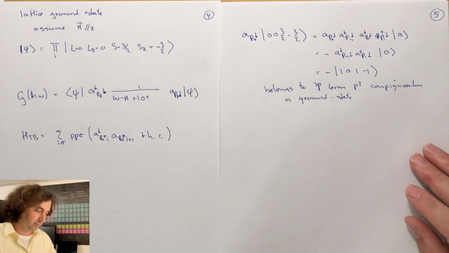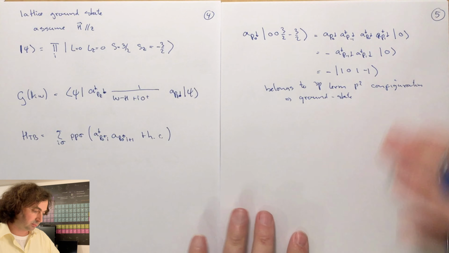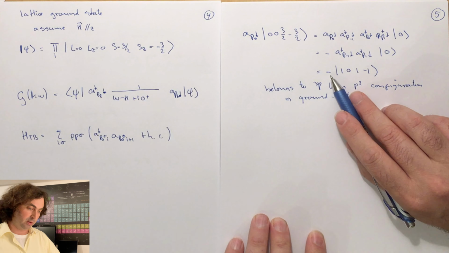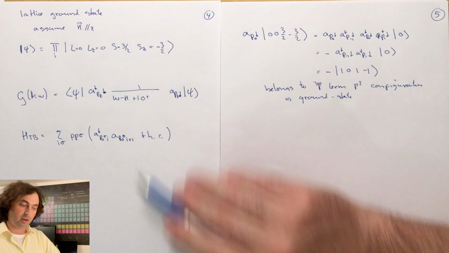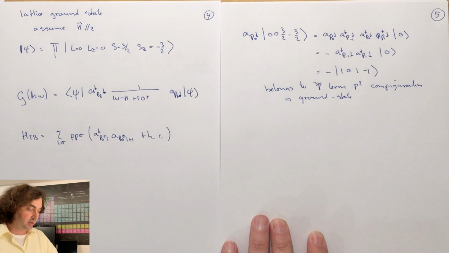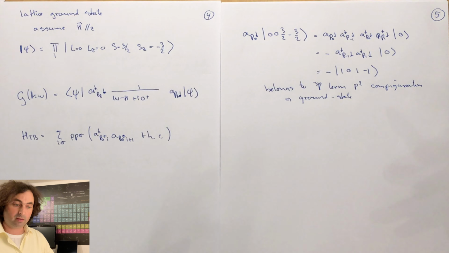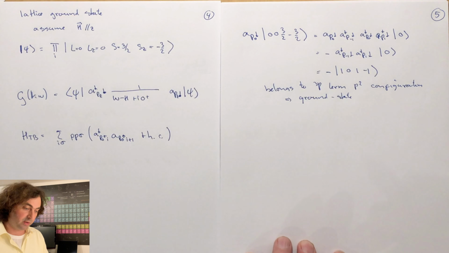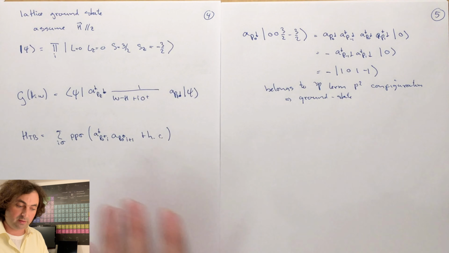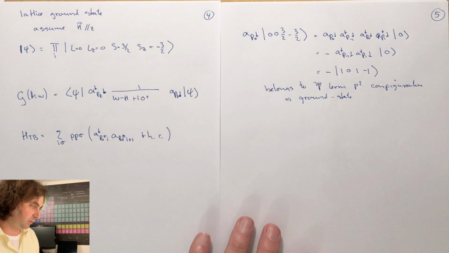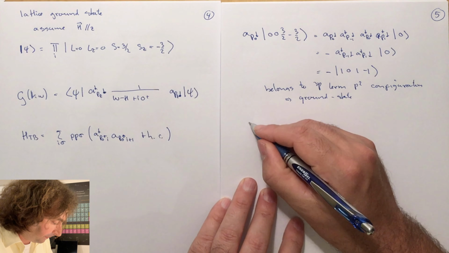So this state can now propagate. You can hop to different sites, and you will always stay in the atomic multiplet ground state. So you will just find the dispersion you would find for a free particle.